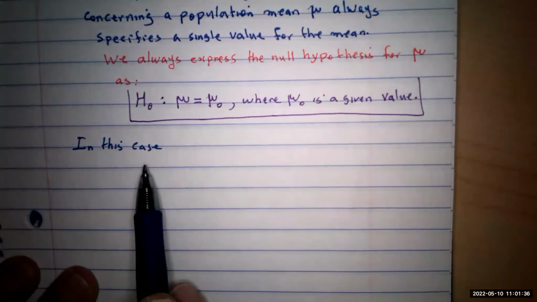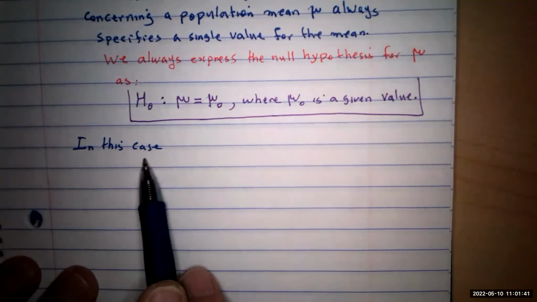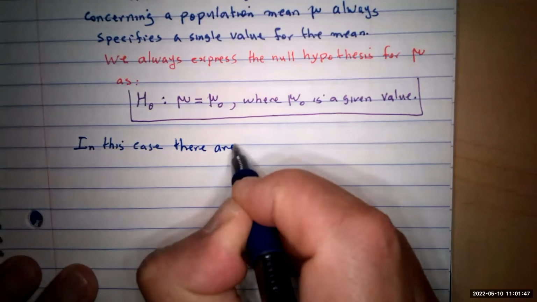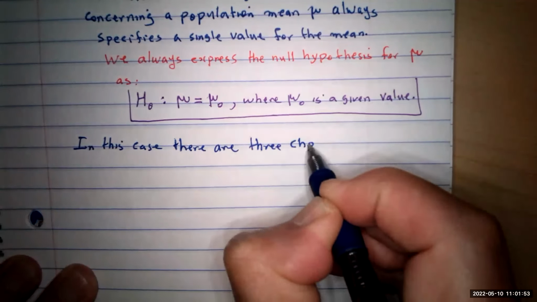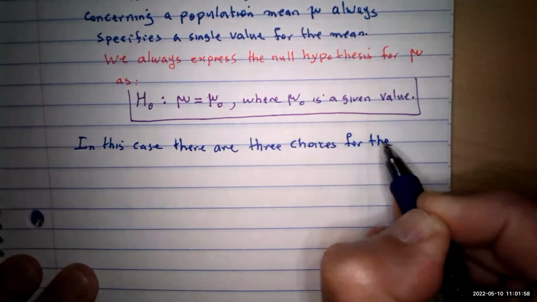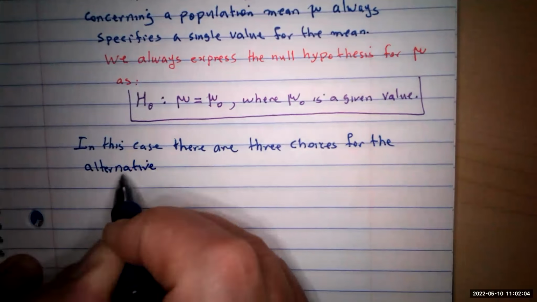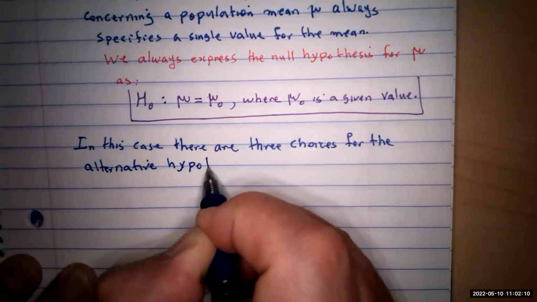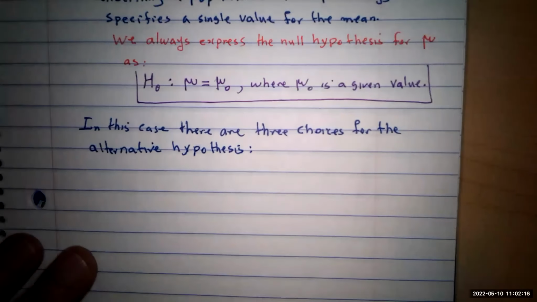So in this case, if you set up this one as is, there are going to be 3 choices, 3 possibilities, for the H1, for the alternative hypothesis. And these are going to be your 3 problems that you're going to solve. So you must look for these types of expressions.